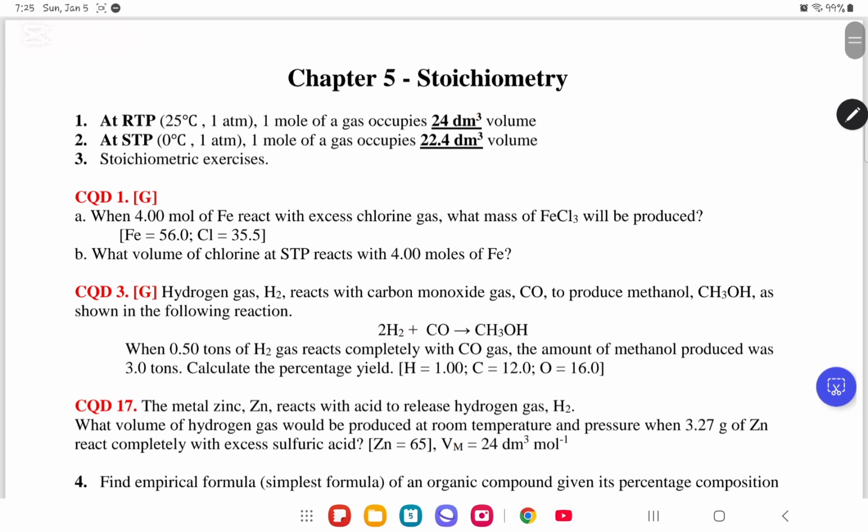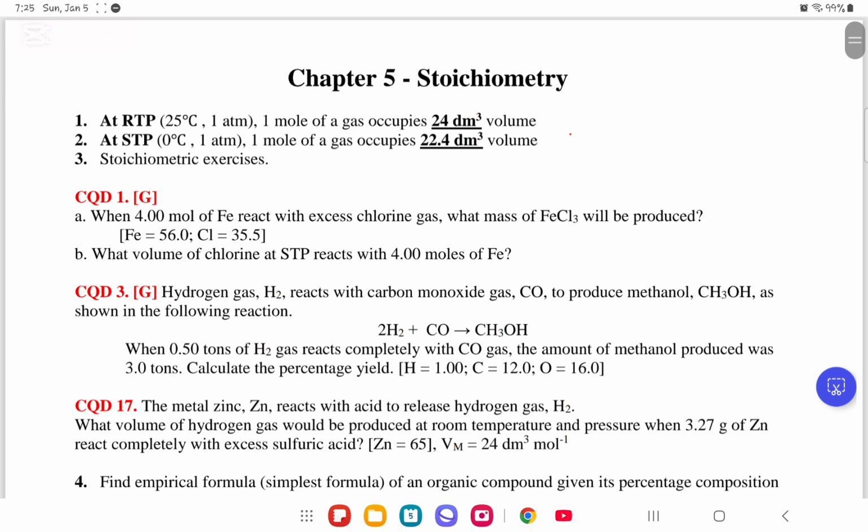First thing, we have to find the balanced equation. Okay, we found the balanced equation. After that, we need to measure. So if this one was 2 moles, then it became 4 moles. That means each and every one will be multiplied by 2.